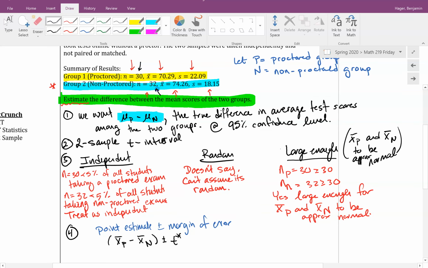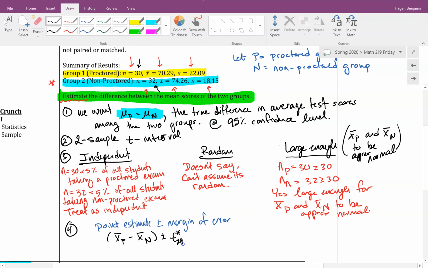If the sample is 32, that would be 31 degrees of freedom. We should take the smaller of those, so 29 degrees of freedom, times the square root of the sample standard deviation from the proctored group squared over the sample size of the proctored group, plus the same thing for the non-proctored group.